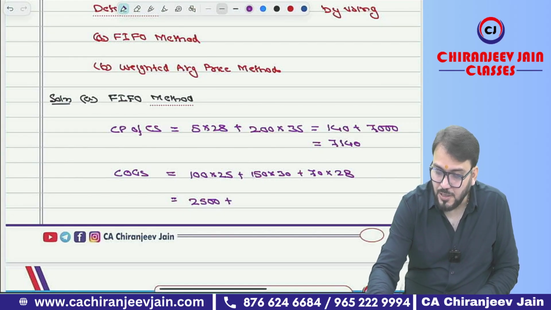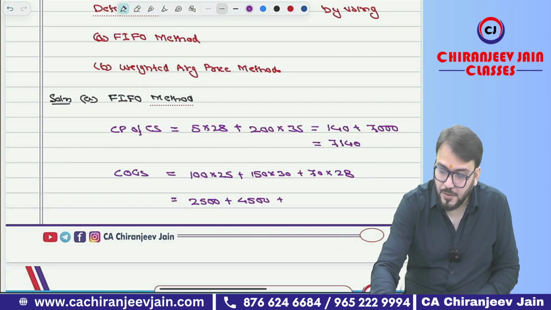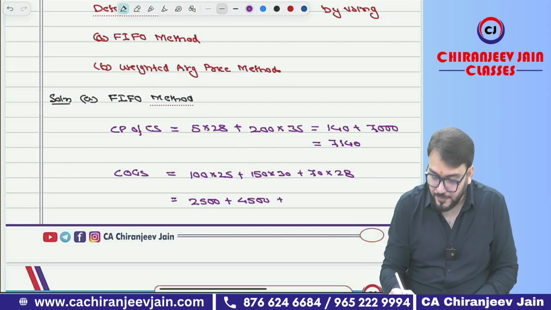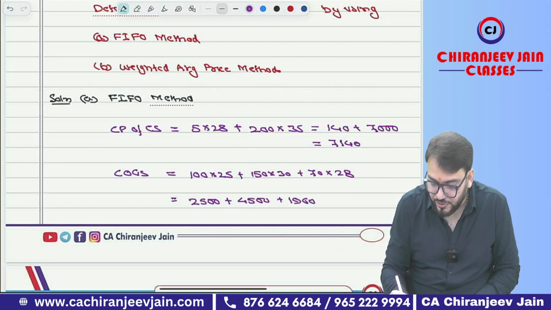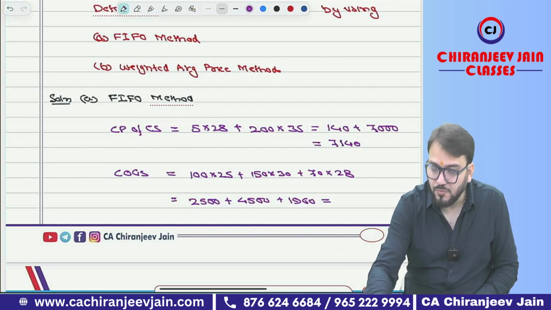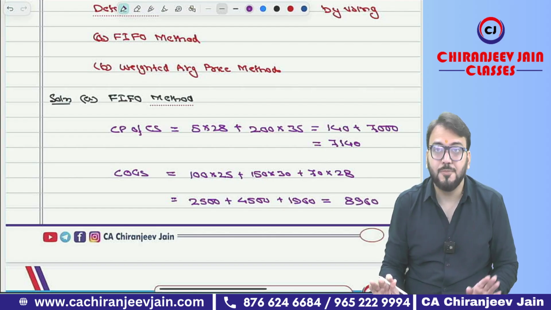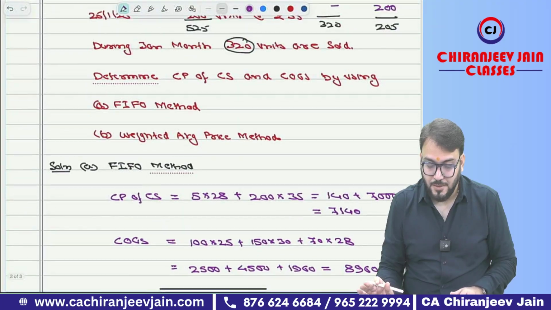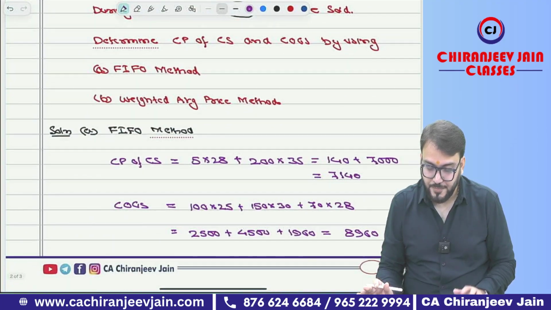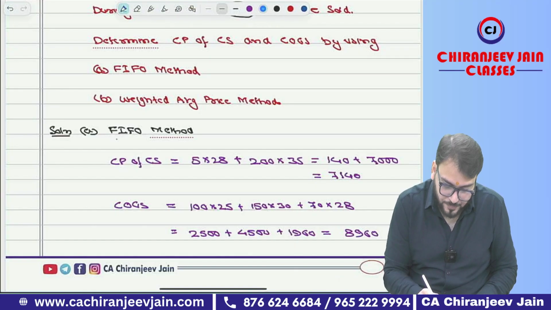Then 150 into 30 is equal to 4,500 plus 70 into 28, that is 1,960. So 2,500 plus 4,500 plus 1,960 is coming 8,960. Got this point? Understood. This is what FIFO method is. I think you have understood.